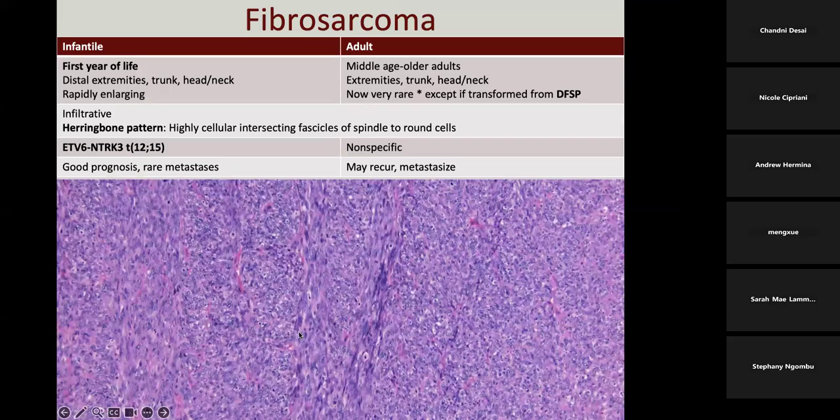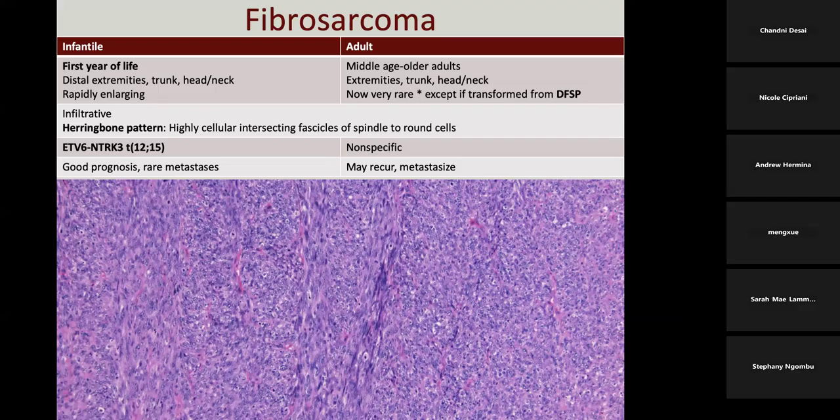Okay, fibrosarcoma, I diagnose in two circumstances. One is infantile fibrosarcoma in young neonates with this highly cellular intersecting fasciculated long herringbone pattern with ETV6-NTRK3 fusion, generally good prognosis.